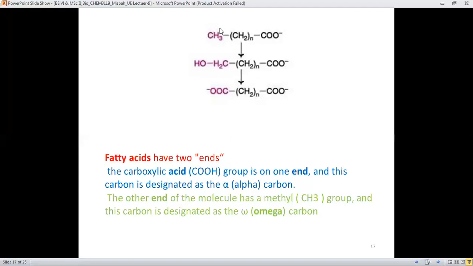Therefore, the intervening carbons will be left as CH2 n, and this other end carbon will be dealt as the omega carbon, and we will discuss its oxidation and later on its beta oxidation.